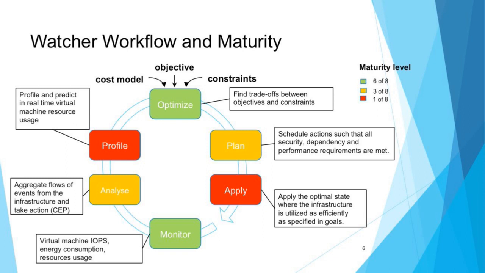So those are some of the things that we're also looking at. So once you have the plan, then you need to apply it. And like I said, at this point we have two modes, the action plan, or the manual, and the auto mode, where you can have Watcher do it automatically, which is still under development.